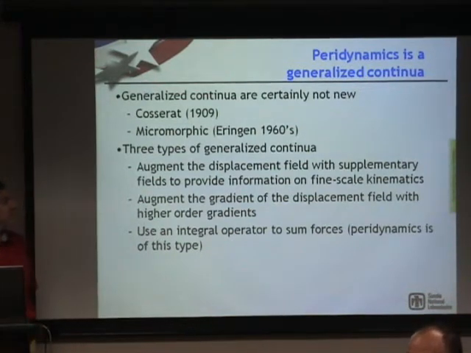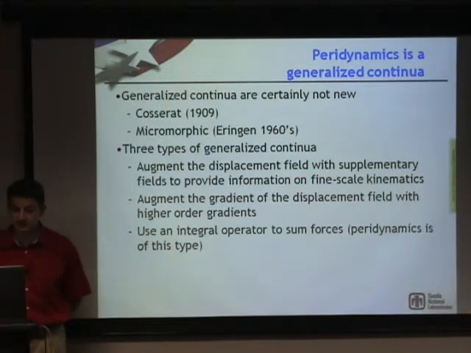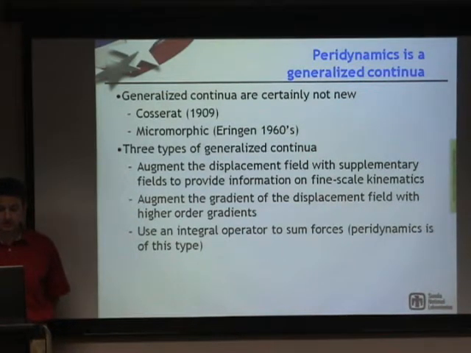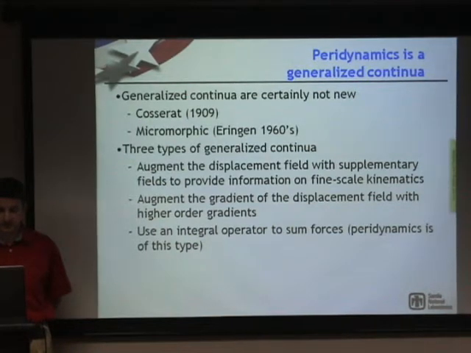So paradigmatics is an example of a generalized continua. Okay, these continua are not new. The first was due to the Cosserat brothers in 1909, two Frenchmen, and probably more recently there's Eringen's model that he called micromorphic. You can classify generalized continua into three types.